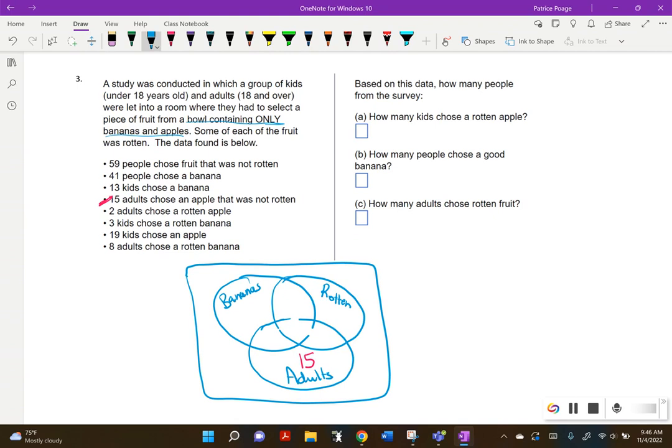Okay. Draw my circles. 2 adults, so we know they're in the adult circle, chose a rotten. So out of the adult circle, rotten happens here and here. And then it says apple. So it was not a banana. So we have 2 going on right here.